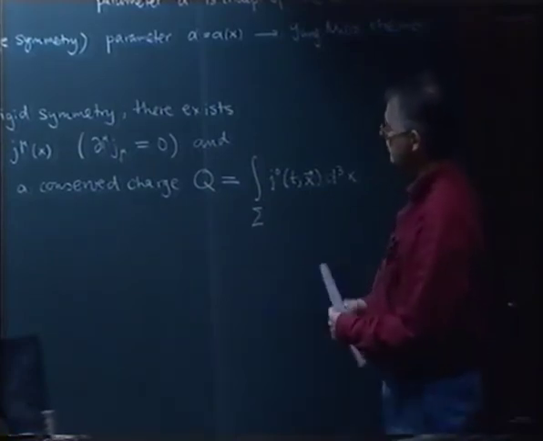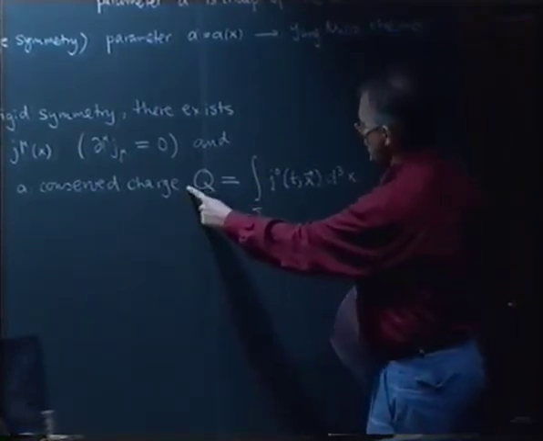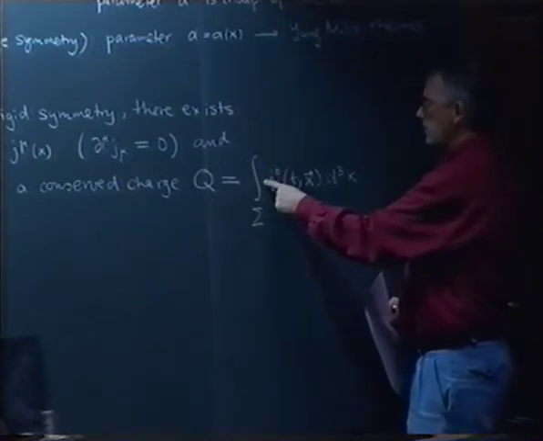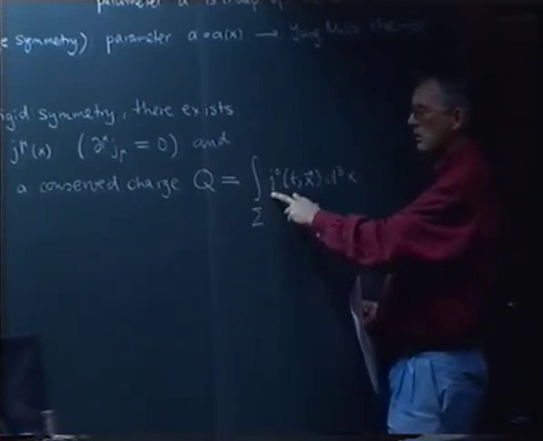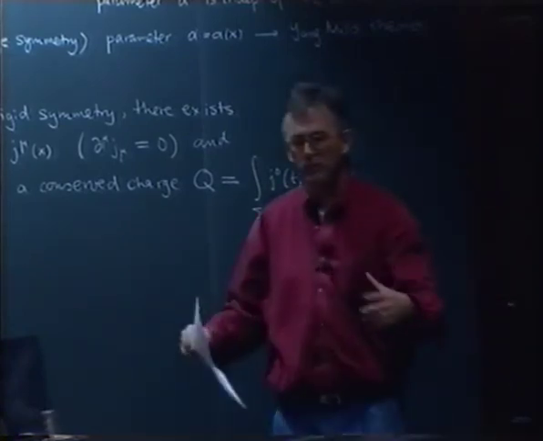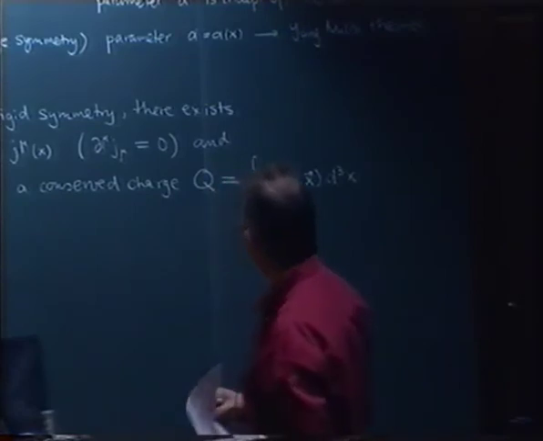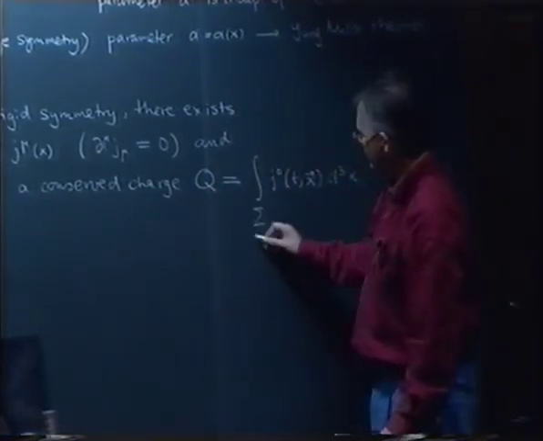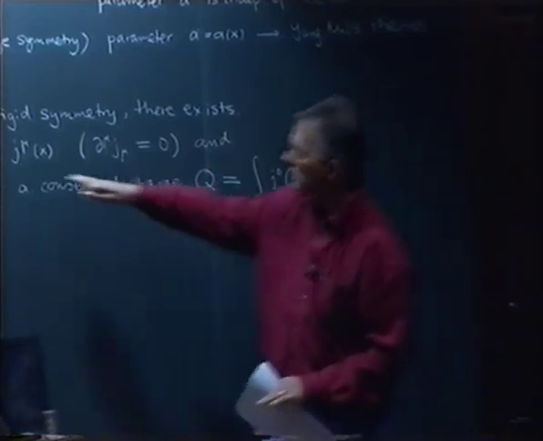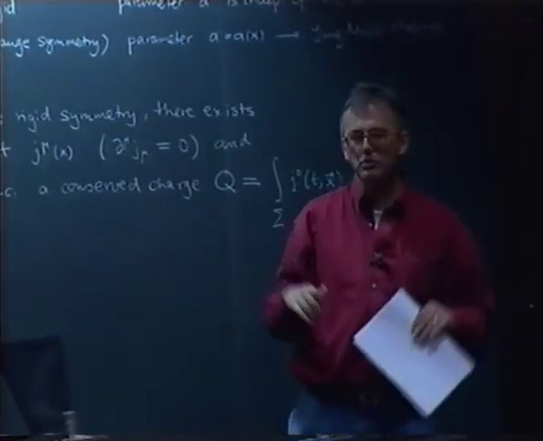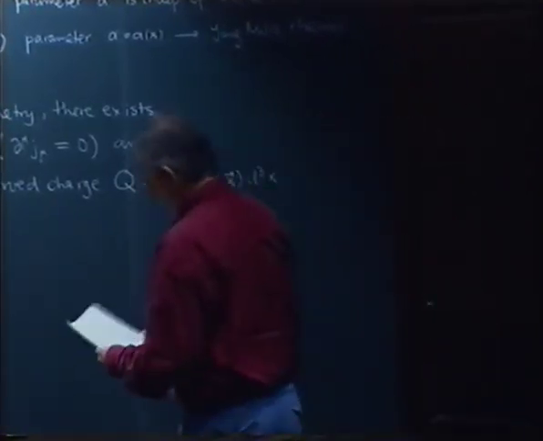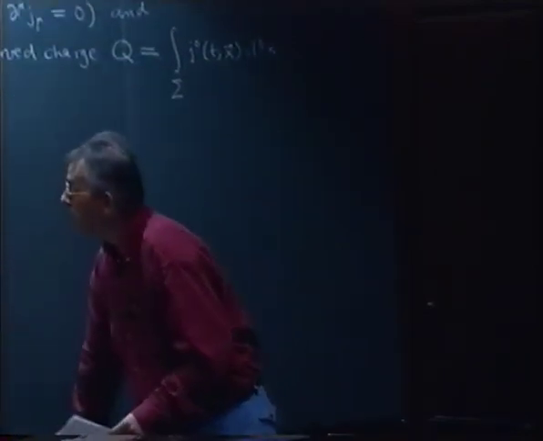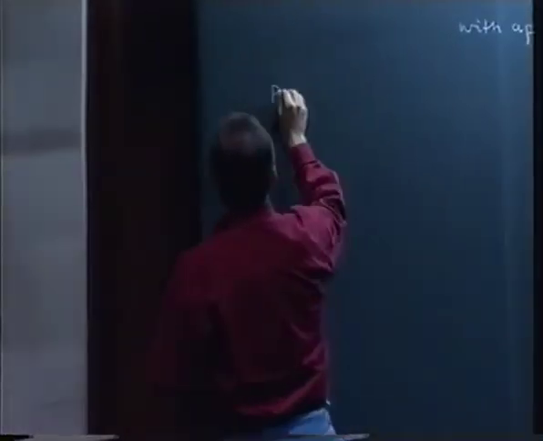Now, that is conserved because if you hit this with d by dt, you take the time derivative inside, then you use this equation, and then you get a spatial divergence of the space current, and then you use Stokes' theorem to convert this into an integral over the boundary hypersurface. And then if you assume, and this is where the boundary conditions come in, that the fields drop off at infinity, then you'll get 0. So this theorem is rather easy to prove and also quite general.